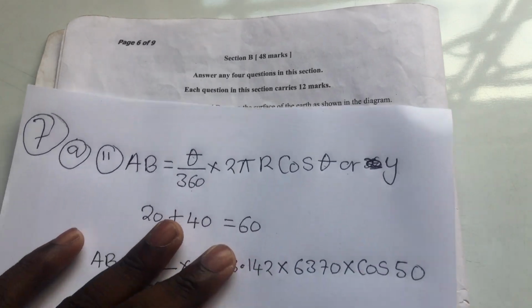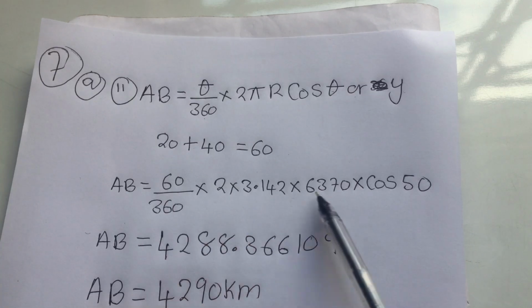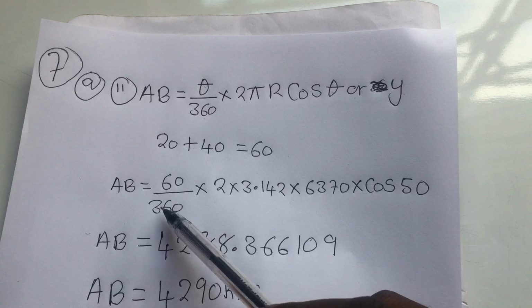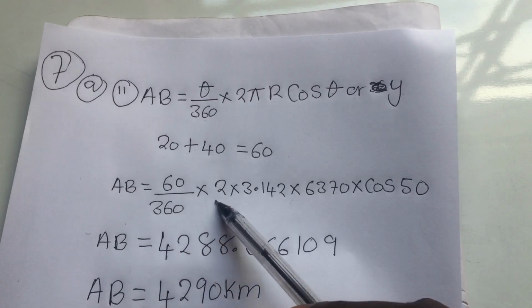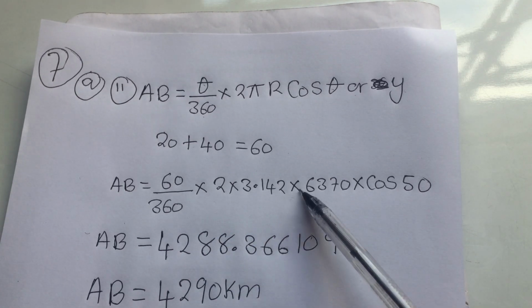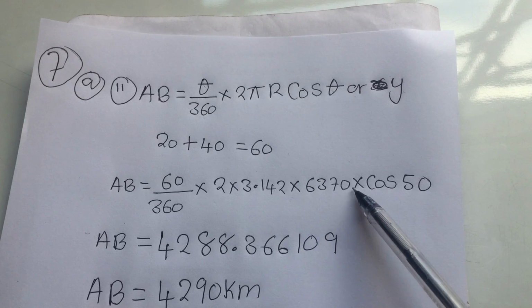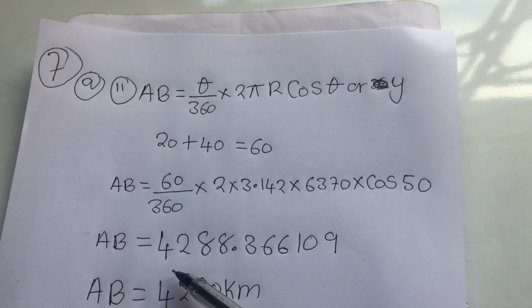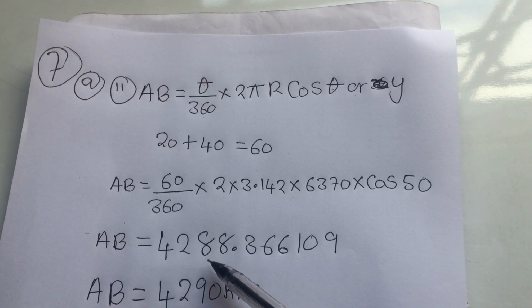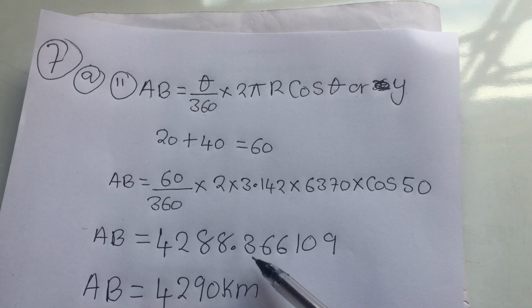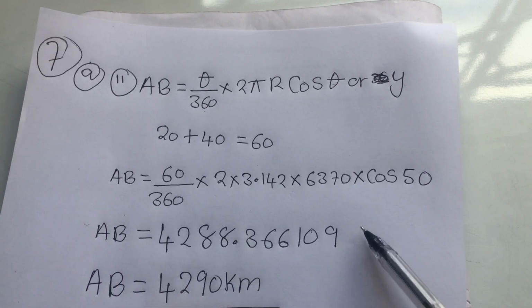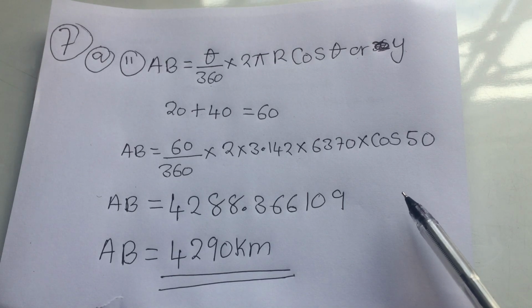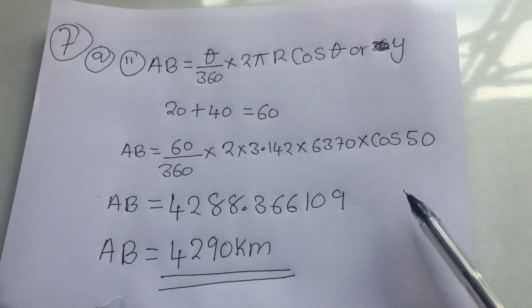So you punch on your calculator 60 divided by 360 times 2 times 3.142 times 6370 times cos 50. You get AB equals 4,288.366109.